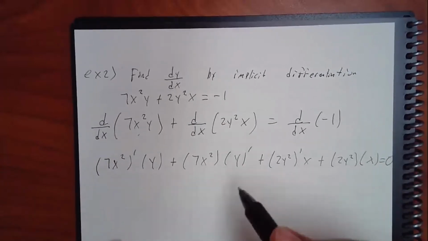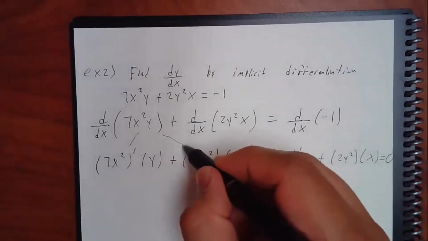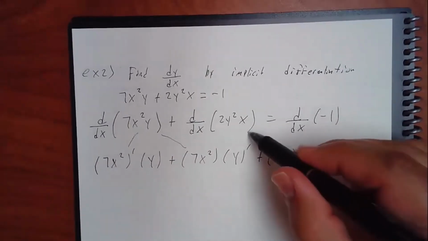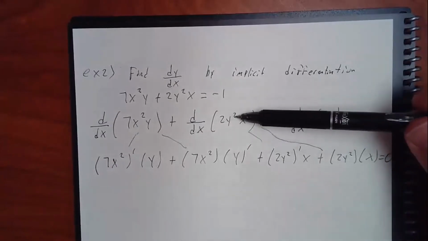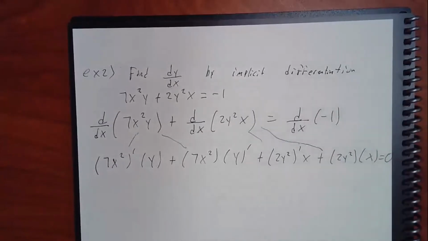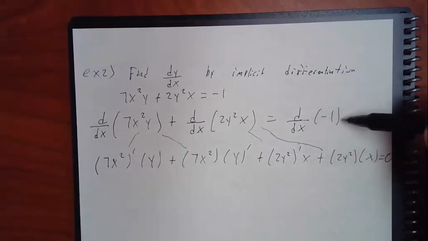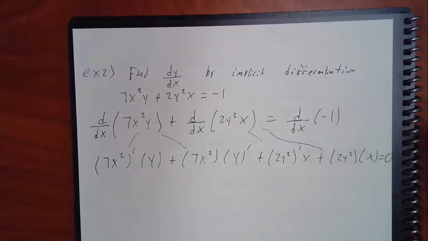So I'm doing a chain rule for this part here and for these two. The product rule is coming from here. And of course, this right hand side is just 0.